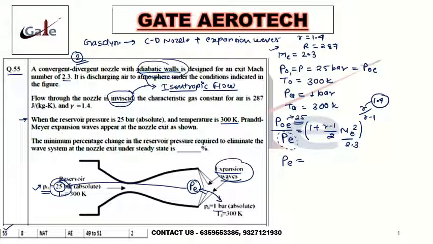If you calculate all these things, I have already done this, you will get 25.5042, and if you calculate PE from here, you will end up with 1.9993 bar.